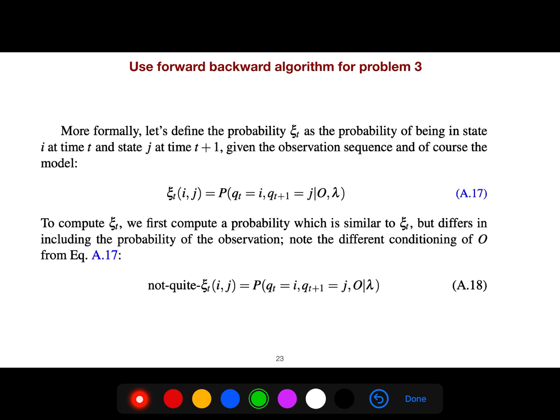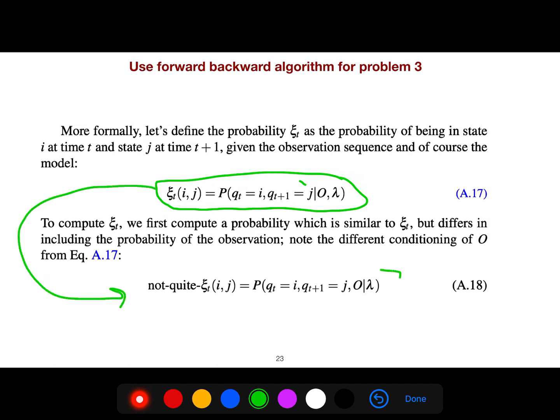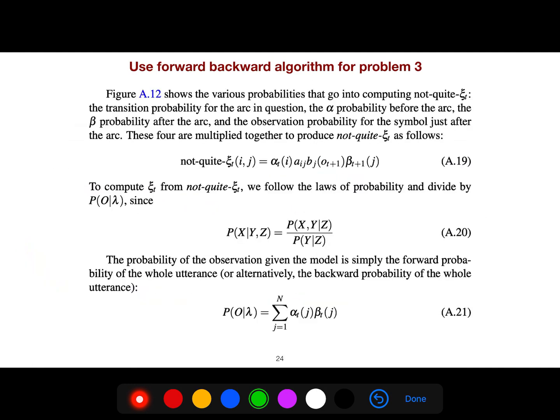So we have a data structure, xi of i and j at time t, which is the probability that q_t is i and q_t+1, the next state, is j, given your observation. But we can approximate it with another term, just using simple probability. We're just approximating.